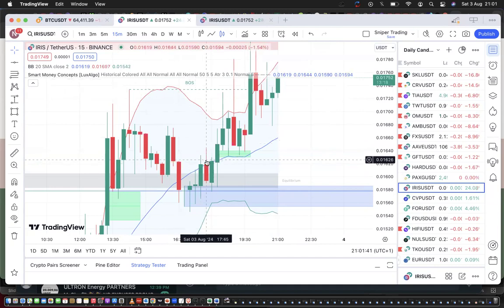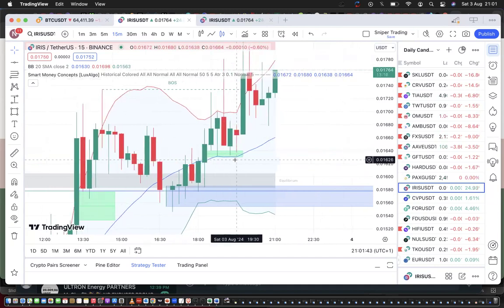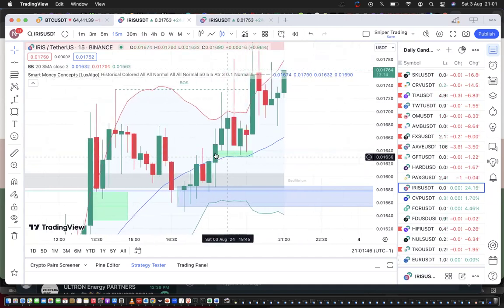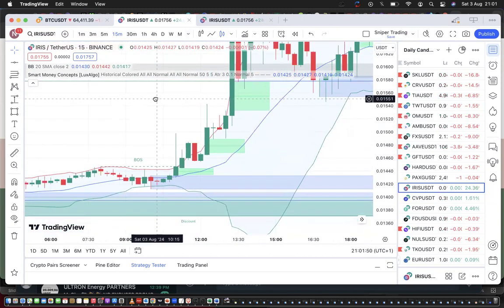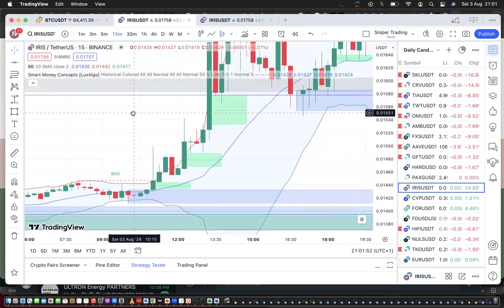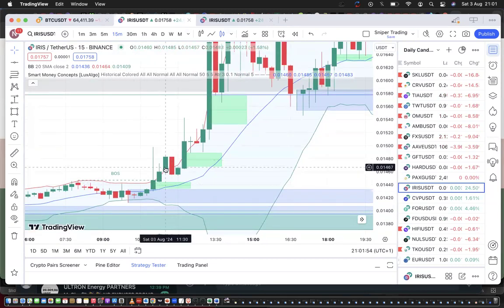Okay, so I'm going to look for another candle that had a big jump but did not have a fair value gap. Let's look for one. Okay, look at this one. This was a jump, but hey, there's no fair value gap. Why? Because look at the first candle. This is the candle here.